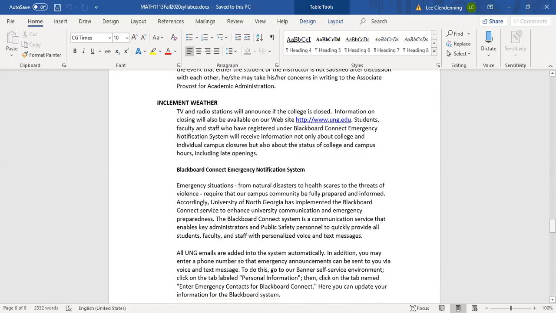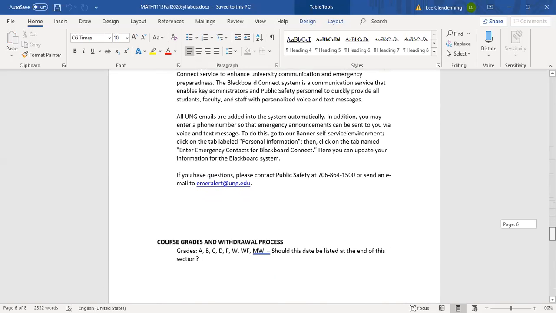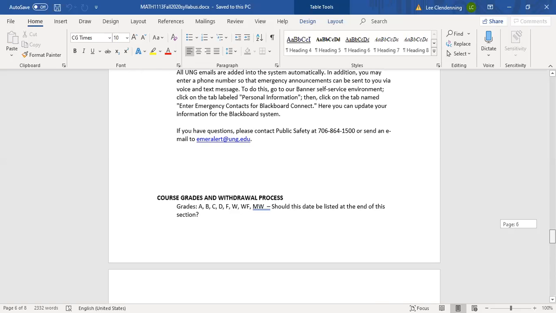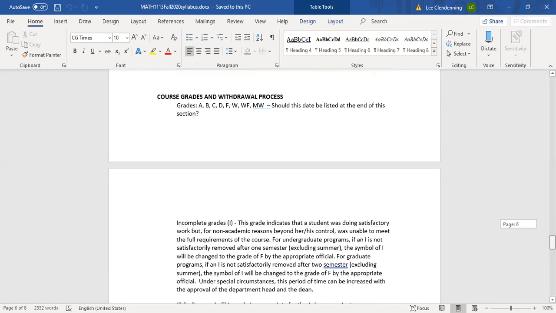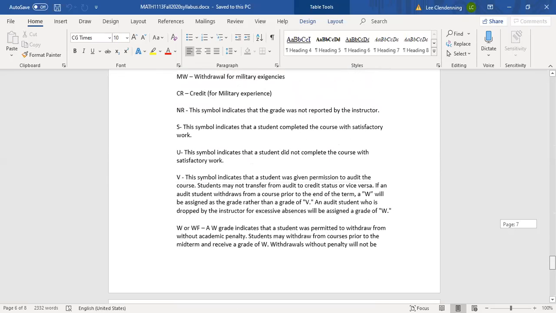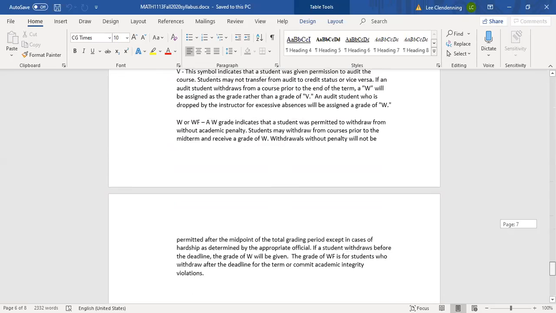Don't usually have too much problem with that in the fall. 3 years ago, September 11th, 2017, we had Hurricane Irma. Shut us down for half a week, but barring that, hopefully we won't have any weather events. And you can see what are the different types of course grades you could get in any single class at UNG. They list them all here.